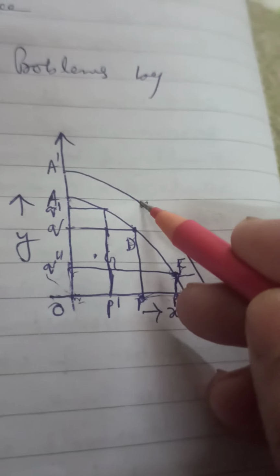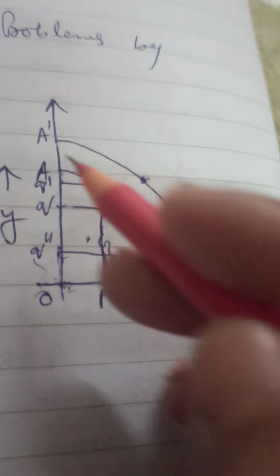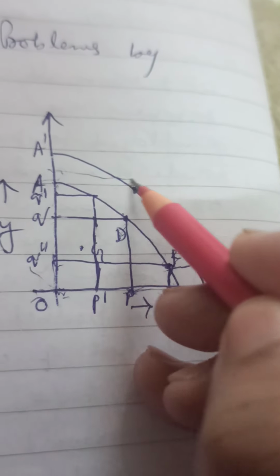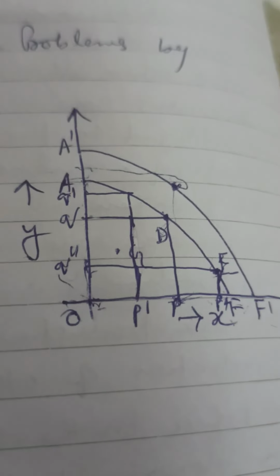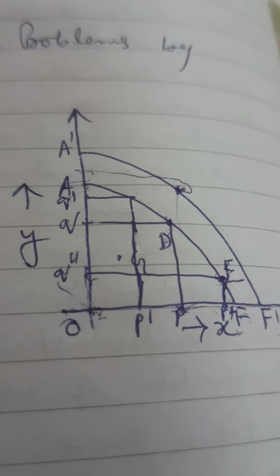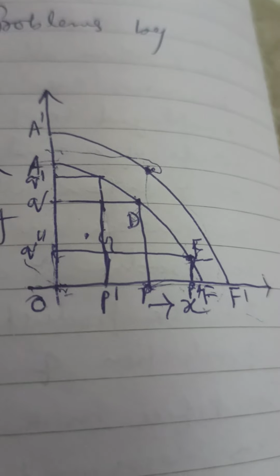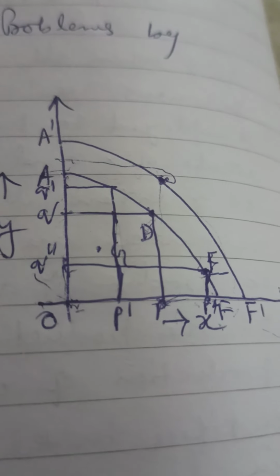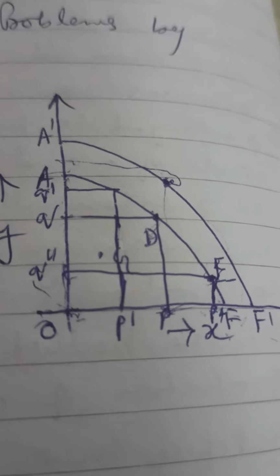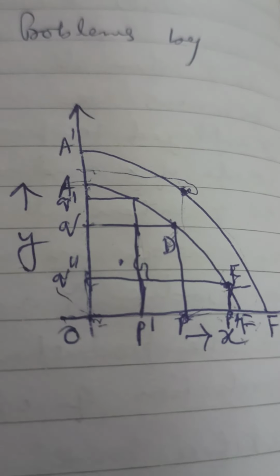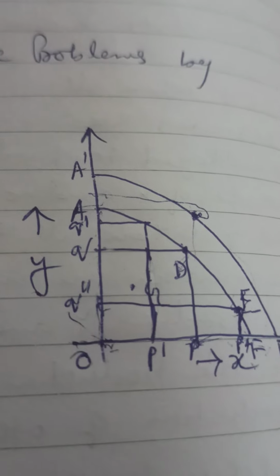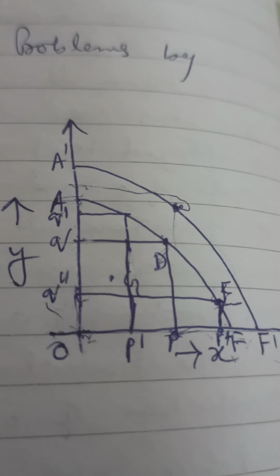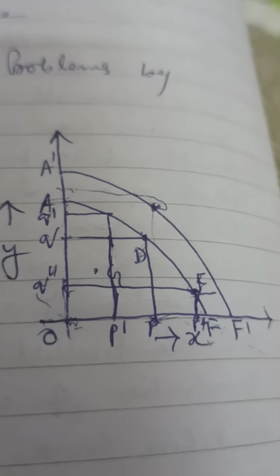Now we are operating on this production possibility curve, as we have invented technology and we are getting more of X and more of Y. This has shifted from AF to A'F'. So the efficiency of resources is improved. In this case, if the amount of resources remains fixed, the production possibility curve shifts to the right.